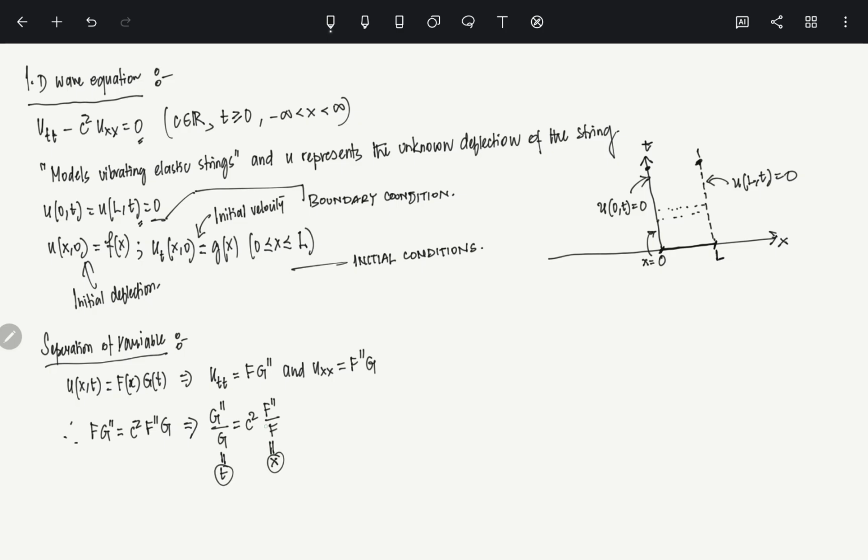So definitely this should be equal to some constant k.